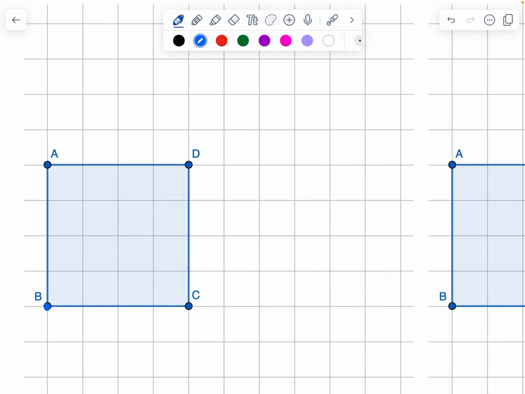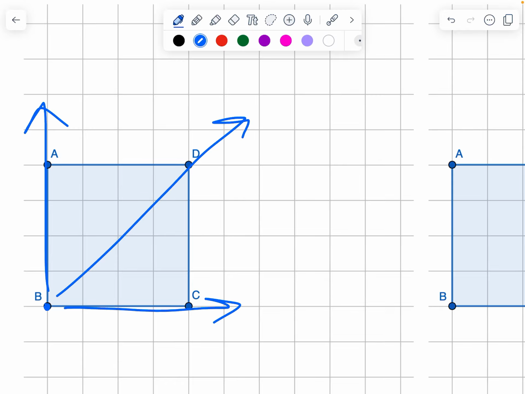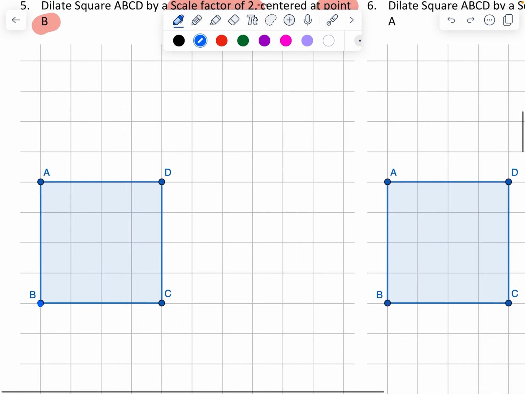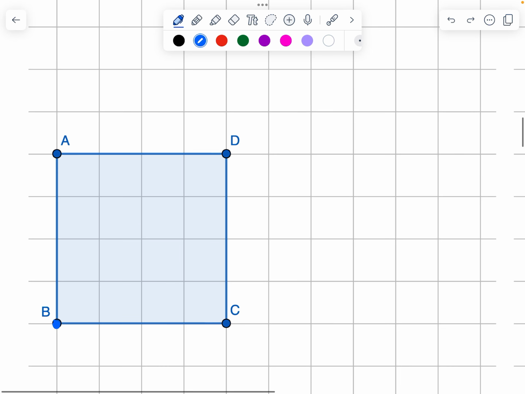And all of our other points are moving away from B by basically twice as far as they are right now. Okay. And the way that you're going to do this is that some of your points are going to be along a straight line from B. Actually, here they all three are. And so you want to count how far away they are from B right now.